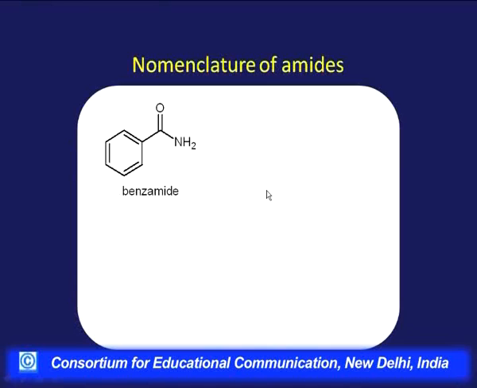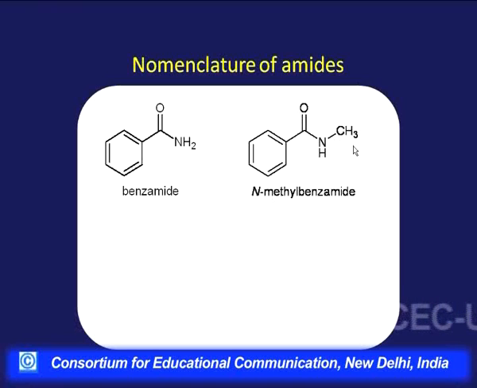I will take one example. This is an amide from the aromatic acid, benzoic acid. So, this will be named as benzamide. If one of the hydrogen is substituted by methyl of this amine part, this will be named as N-methyl benzamide.